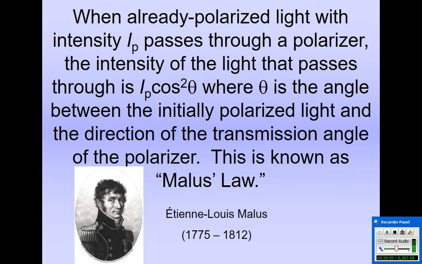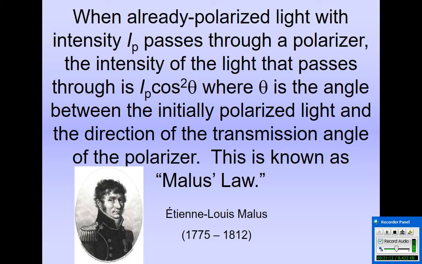This now polarized light encounters a second polarizer. The light that exits the second polarizer is likely going to be less. The only way it would not be less is if the second polarizer has a transmission axis in exactly the same direction as the first polarizer.